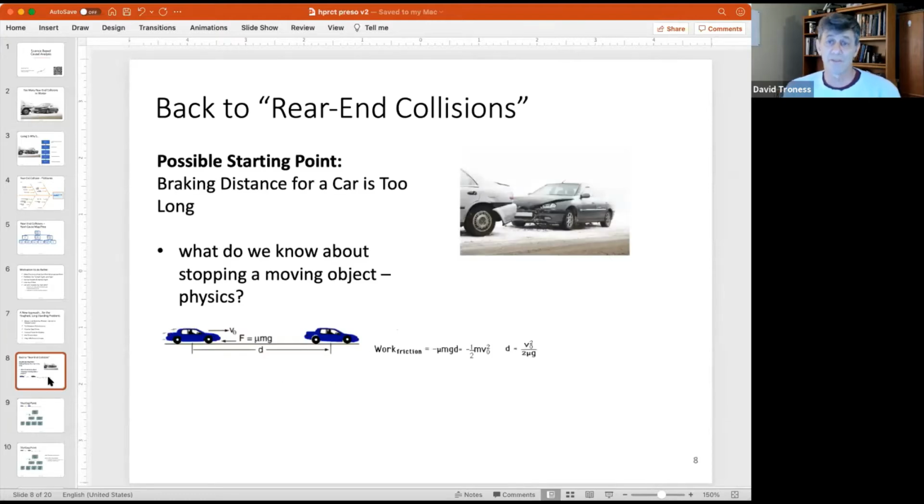So let me go back to that rear-end collision situation. Let's say I picked a starting point for this: the braking distance for a car is too long. So we might ask to begin with, what do we know about what stops a moving object? How long, what distance will it travel, and so on.